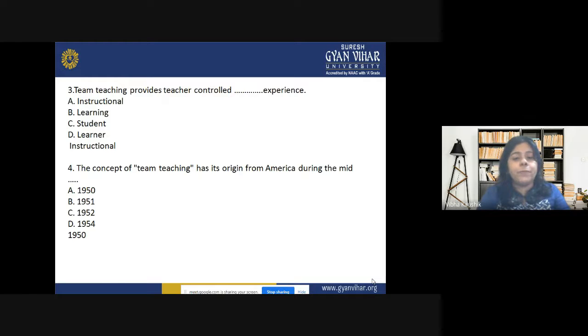Now the options are A. 1950, B. 1951, C. 1952, D. 1954. So students, these are the options. Now you have to select the correct one on the basis of the given choices.